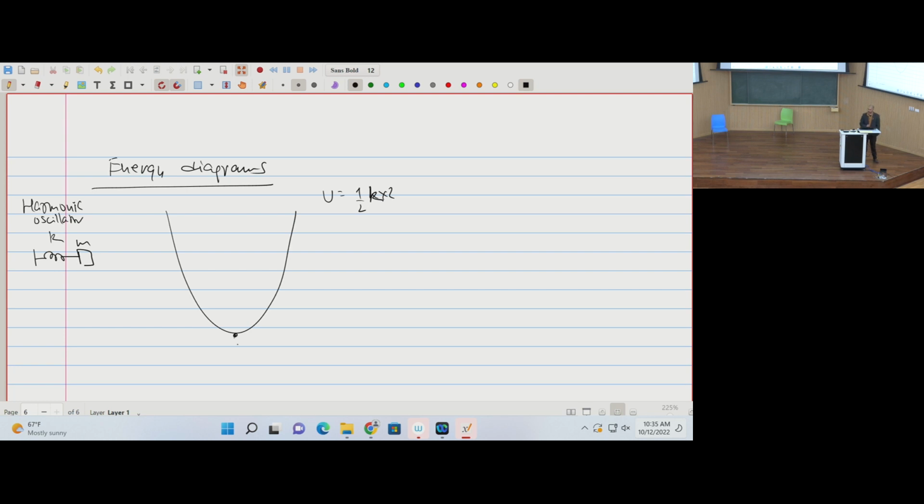So let's say your mass is at the equilibrium position. I give it a pull and leave it. When I give it a pull, I give it some energy. This is an energy diagram. On the y-axis you have your energy, and on the x-axis you have your x. This, let's say, is x equal to 0.